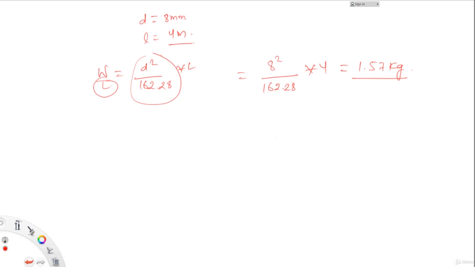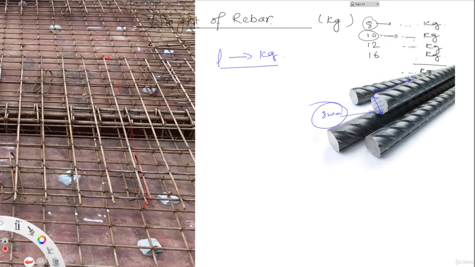So at the site, what do you do now? At the site or from the drawing, you have to measure from here up to here. Let's say that this is a 2-meter rod, and this diameter is, let's say, 10 mm, and these are, let's say, 20 in number.